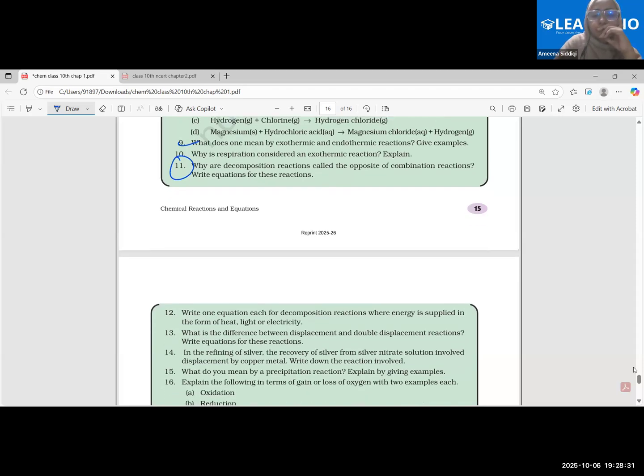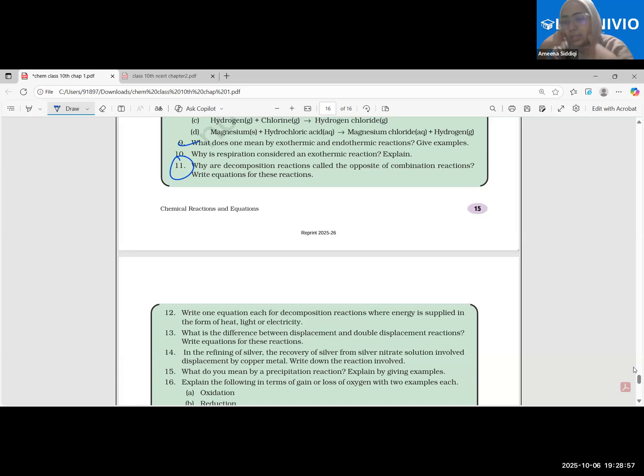Question eleven. Why are decomposition reactions called the opposite of combination reactions? Write equations for these reactions. Just tell me why it is opposite. Because in combination, two or more reactants are combining to form one product, whereas in decomposition, one large compound is breaking down into simpler components, that is, the elements.